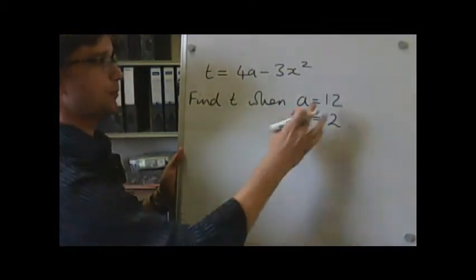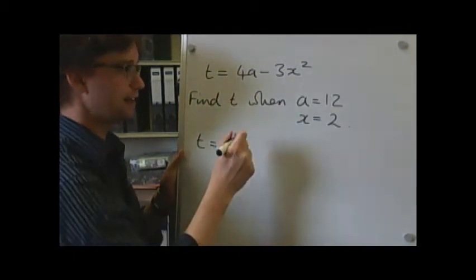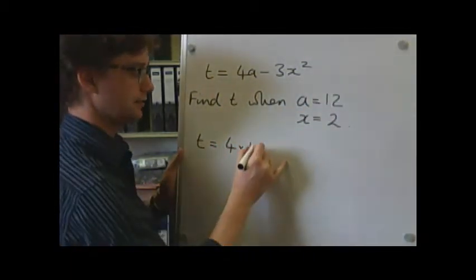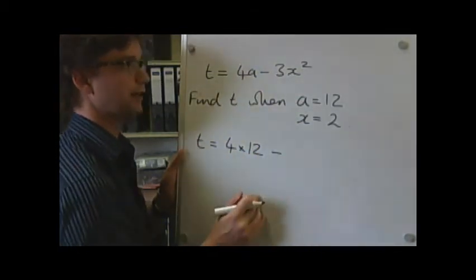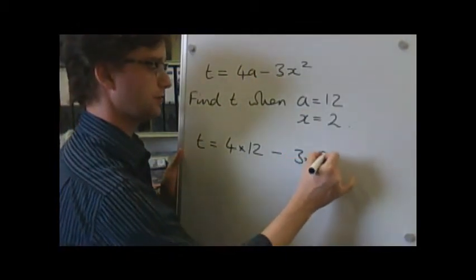We do this just by putting these numbers into this expression. So t will be 4a, which just means 4 times a, and in this case a is 12. And then we've got to subtract 3x squared, so we've got to do 3 times 2 squared.